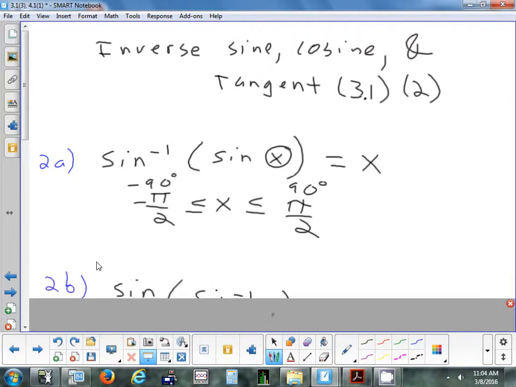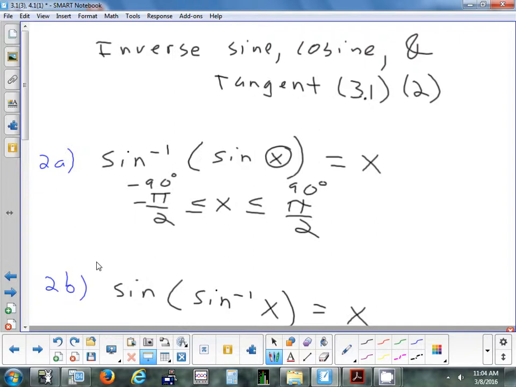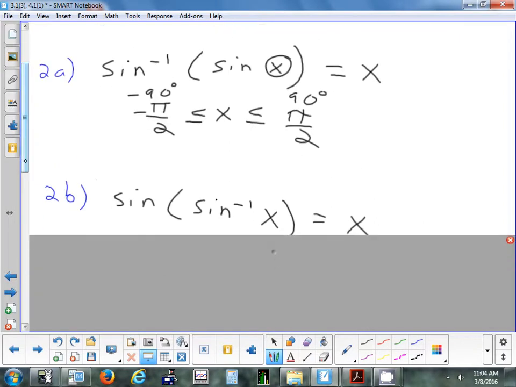Your book calls that formula 2a. What's the difference between formula 2a and 2b? It's a small change, but it's very, very important.